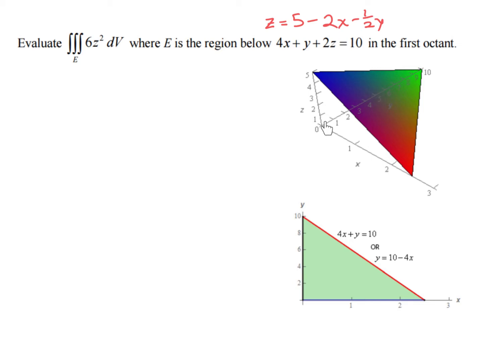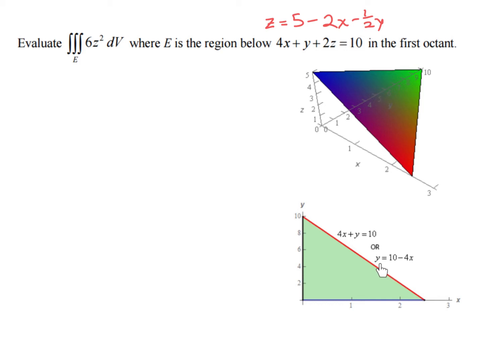Looking at this piece, this is our base. We've taken care of the z from 0 up until that thing. That will end up being our first integral. Then we have some choices. I'm going to try to avoid some fractions. This is the line 4x plus y equals 10. That is the line that makes up this piece here, because everything else is just against the plane.